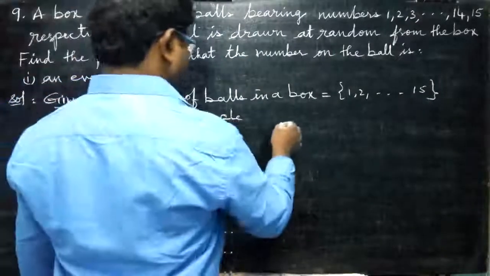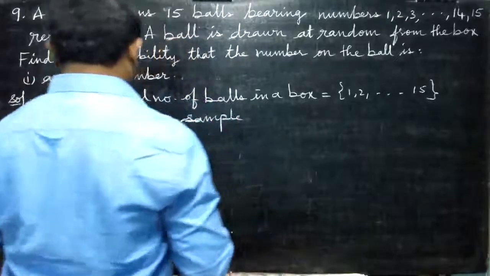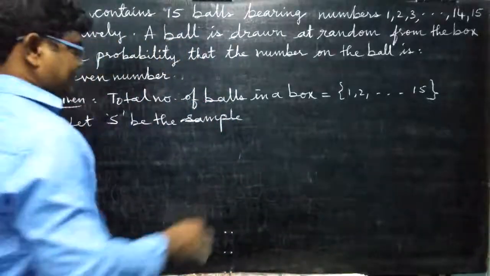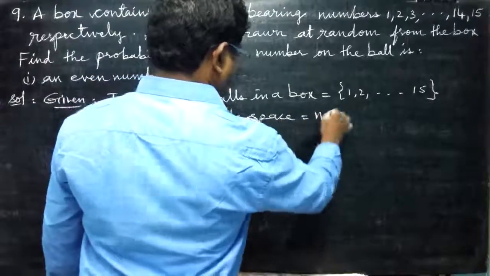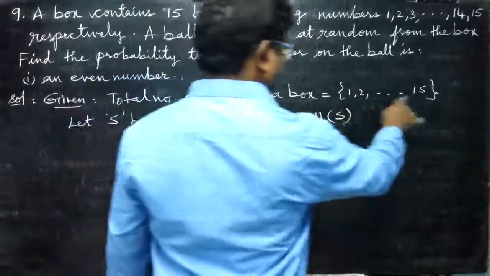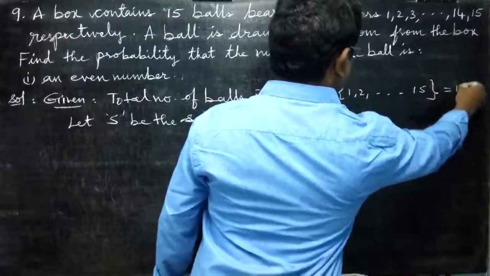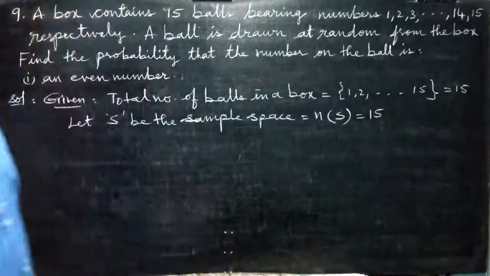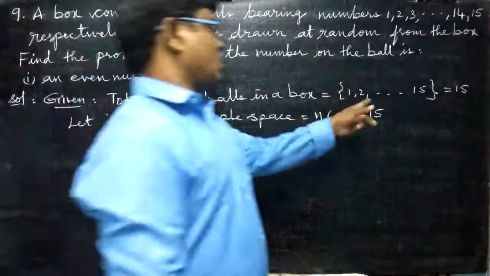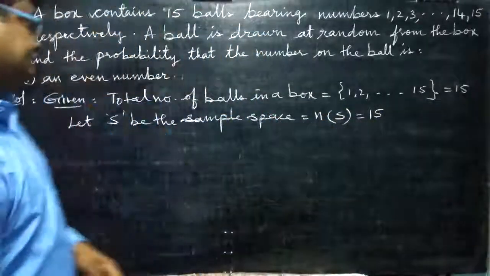We represent the sample space with the capital S. That is N of S. How many are there total? 15 are there. So N of S is equal to 15. 15 balls are there with the numbers 1, 2, 3, so on up to 15.